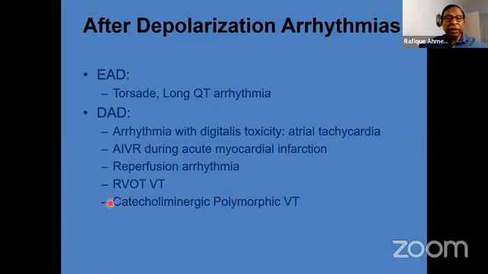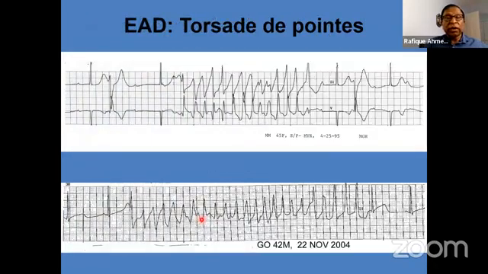Catecholaminergic polymorphic ventricular tachycardia. This is an important mechanism to understand because it will also tell us how to treat these patients. So this is an example, very common, everybody knows this: a patient with sinus rhythm and first degree AV block. I don't think this is complete heart block.